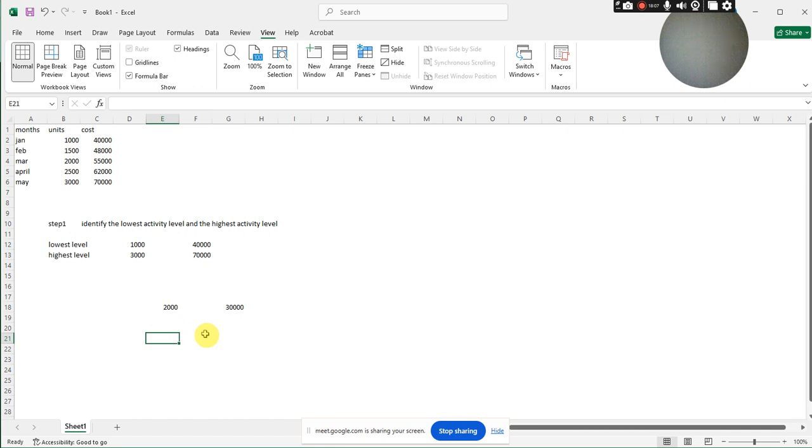All right. For us to get our variable cost now, you have to divide this 30,000 by 2,000, right? Who will do that for us? So equals this divided by this. So our variable cost is 15 naira per unit, right? Are we following? Did we follow up to this point?